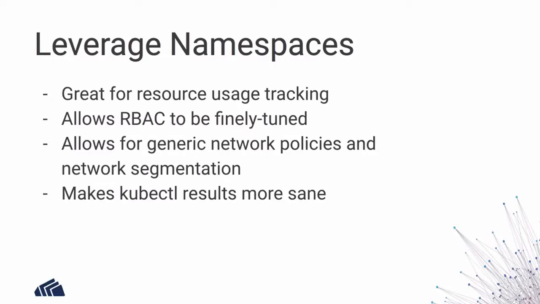So namespaces are great for resource usage tracking, for seeing, hey, which team, which tenant is using a lot of resources. It allows RBAC to be finely tuned, so you can have a certain namespace, and you can give someone access to just those resources. It allows for generic network policies and segmentation.